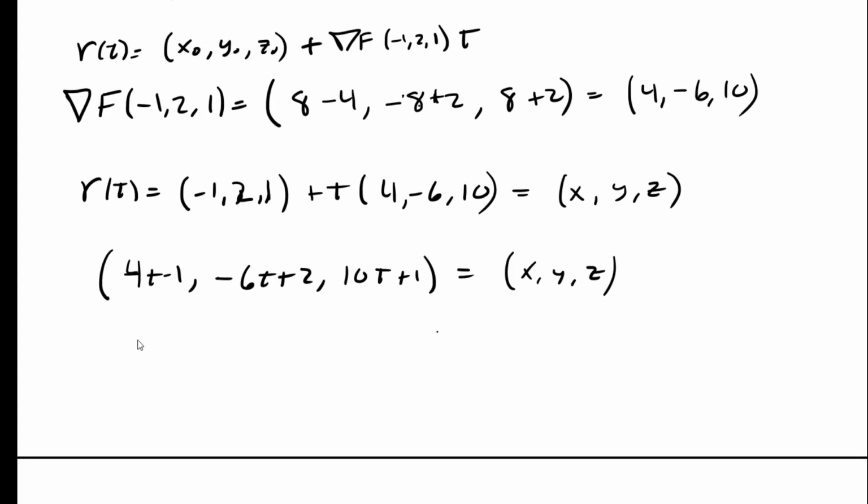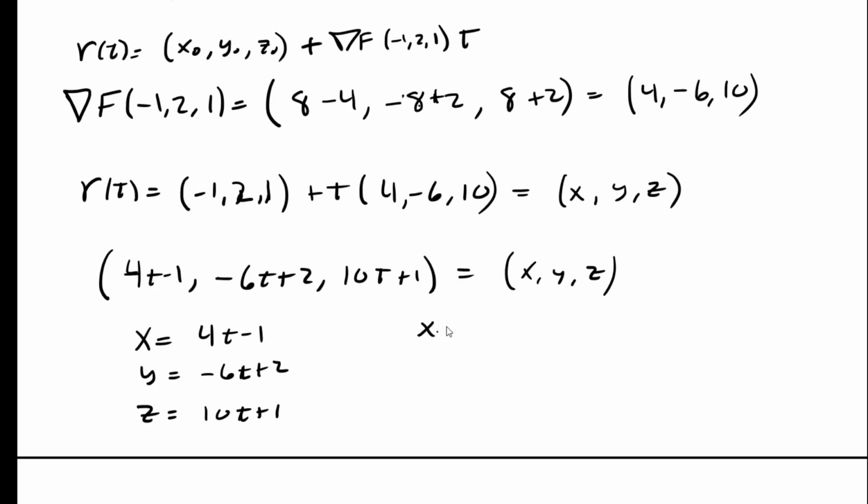So that gives me the parametric equations. X equals 4t minus 1. Y equals -6t plus 2. And z equals 10t plus 1.